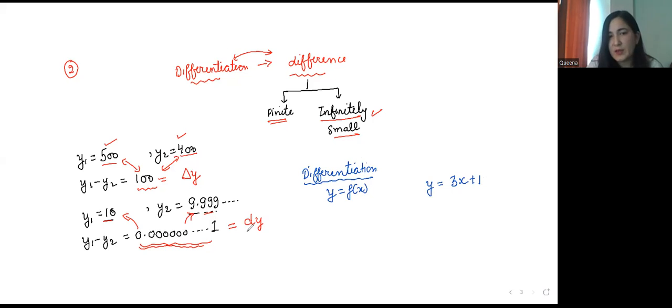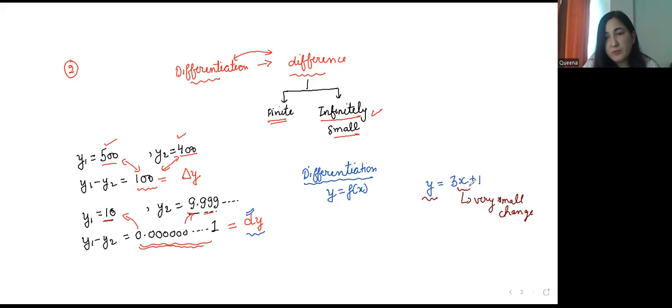And another concept is that dy, or any variable which is written with d, represents a very, very small change in its value. So from the equation that I have written here, if I make a very, very small change in the value of x, then should there be a very big change in the value of y?